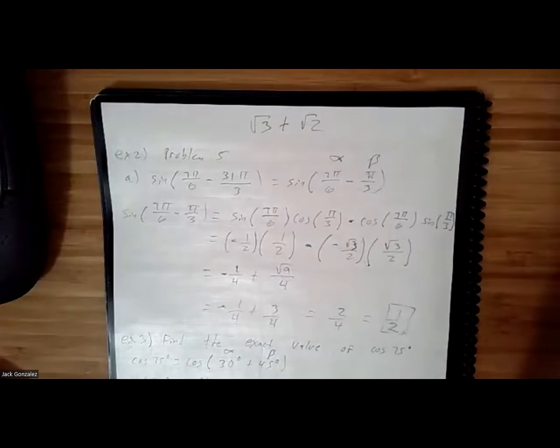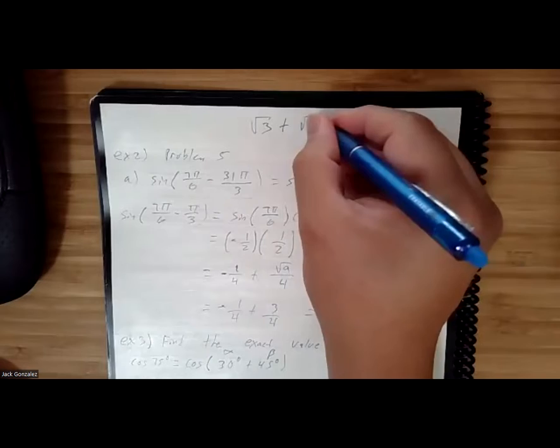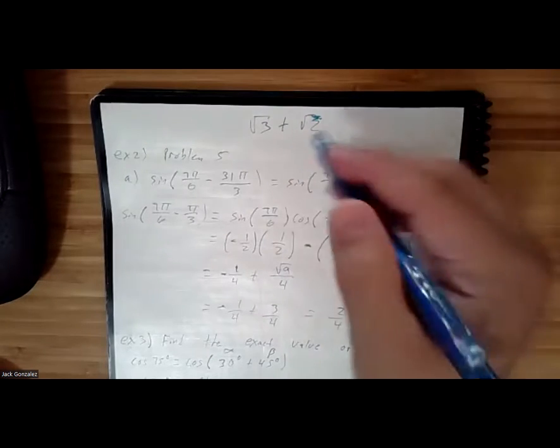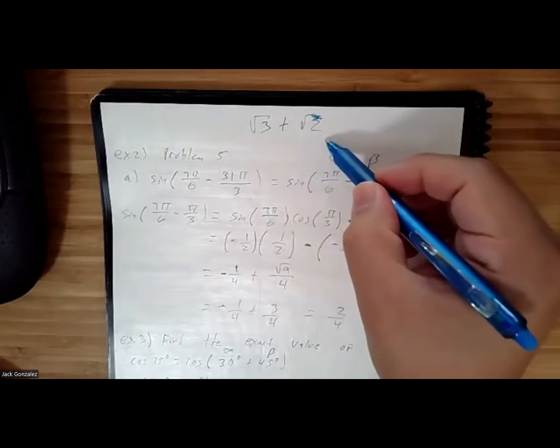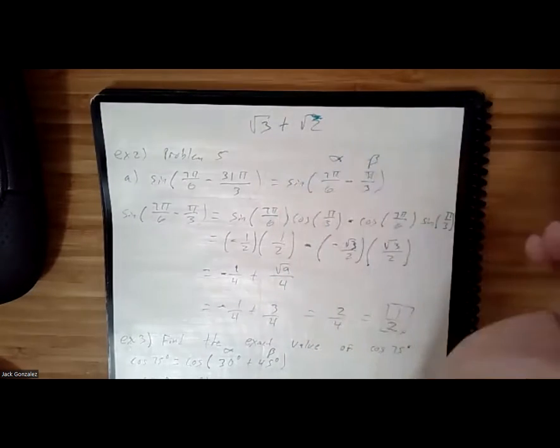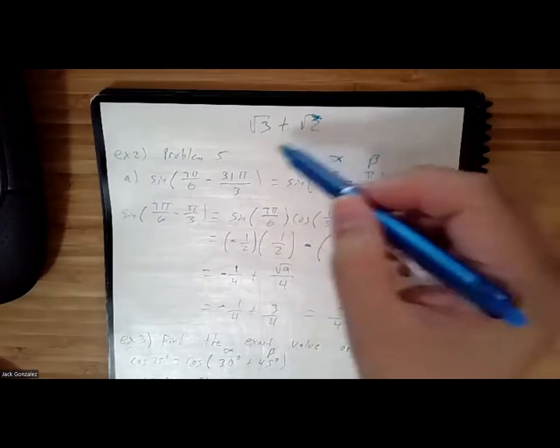Can you add these? If they're not exactly the same, you cannot. So if you see something like this, just leave it alone. That's it. It's the best you can do.